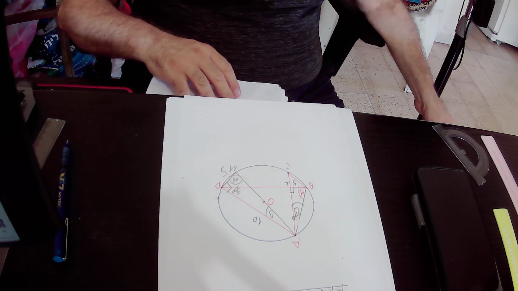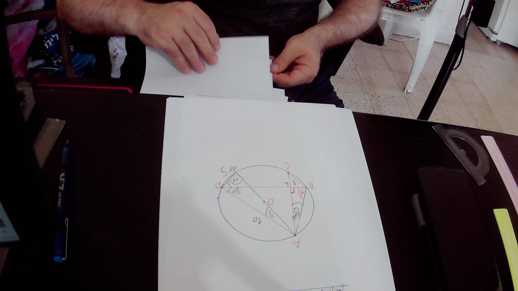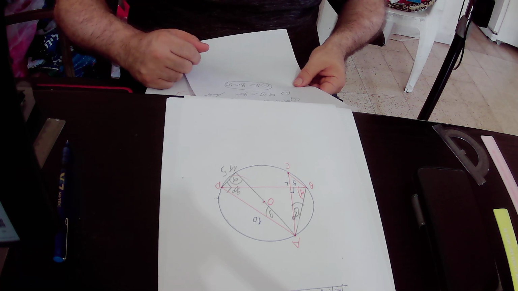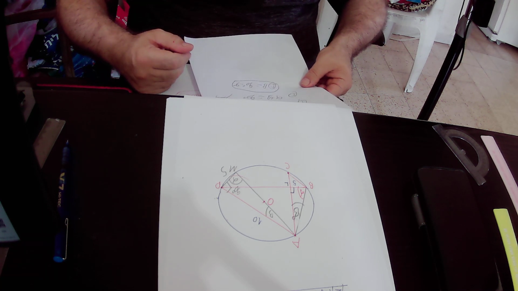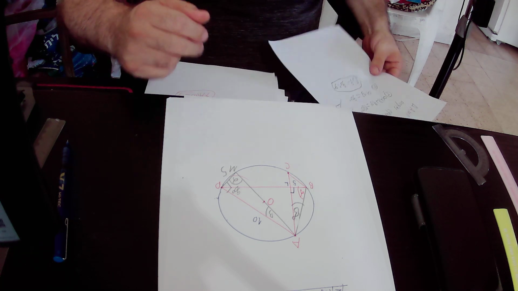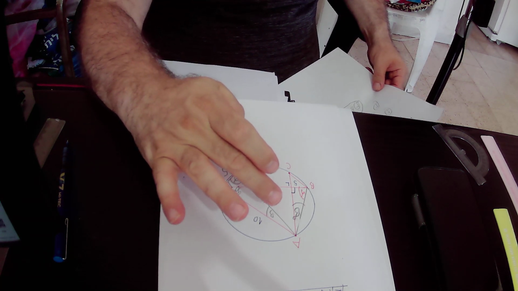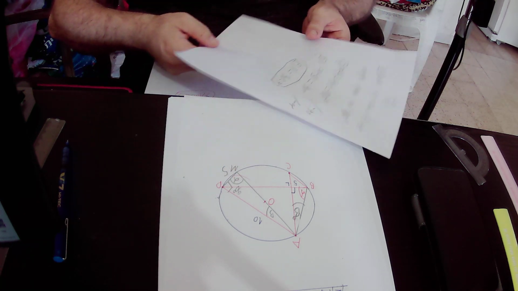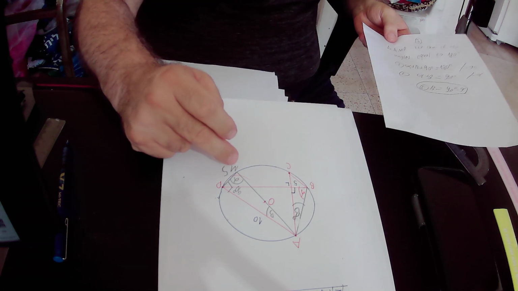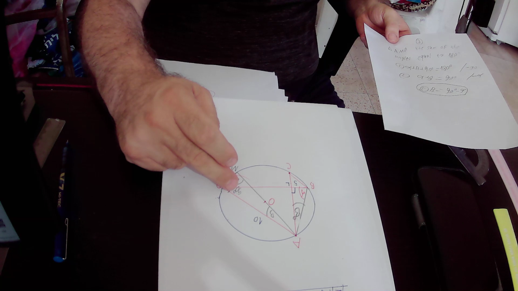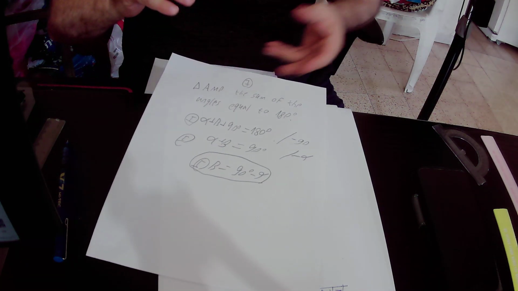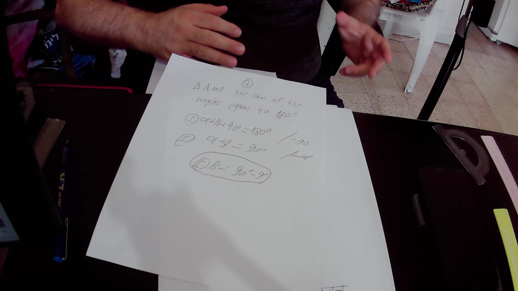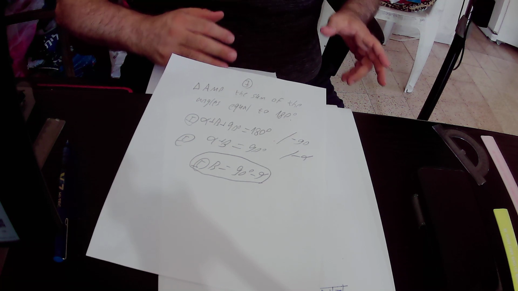Okay, and we will focus first of all on the sum of the angles in triangle AMD, which equals 180 degrees. So alpha plus beta plus 90 degrees equals 180 degrees, because in any triangle the sum of the angles is equal to 180 degrees.